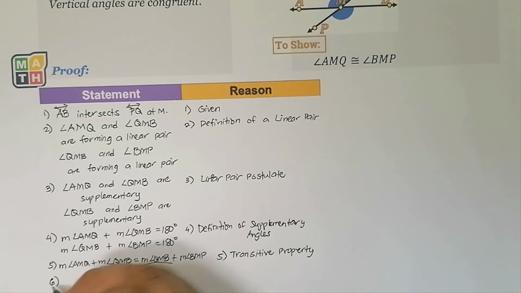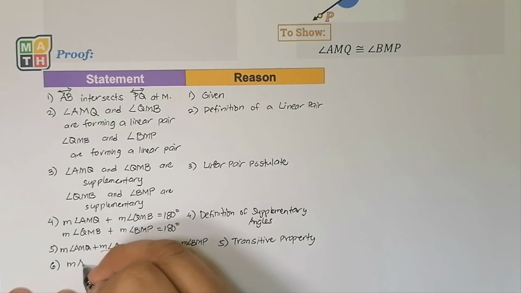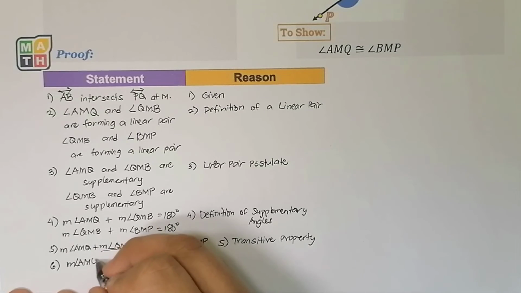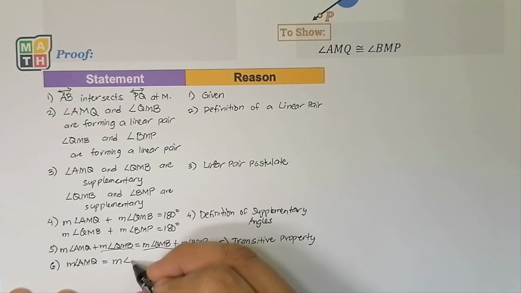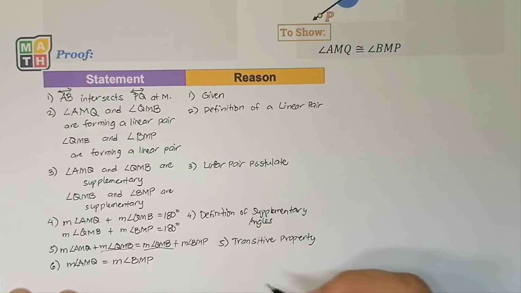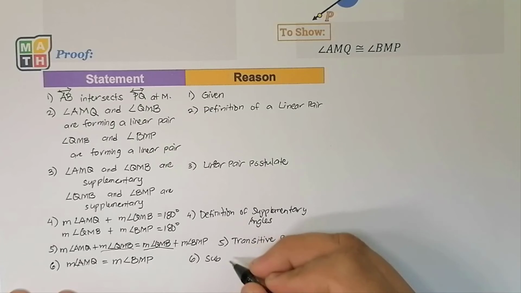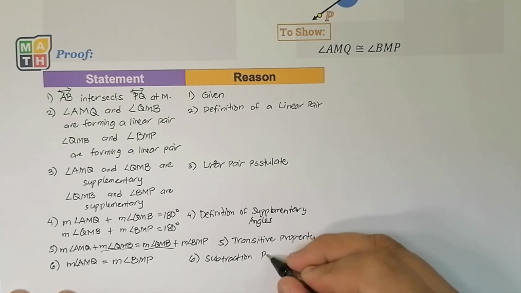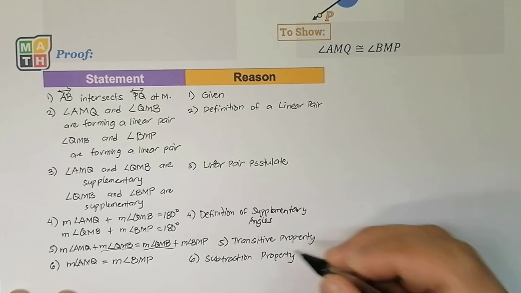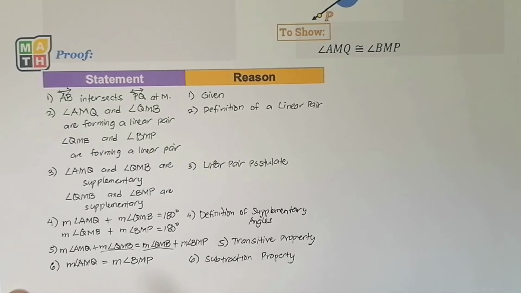Hence, we will have this statement. Number 6, the measurement of angle AMQ is equal to the measurement of angle BMP. We have here the subtraction property of equality, both for number 5 and number 6.